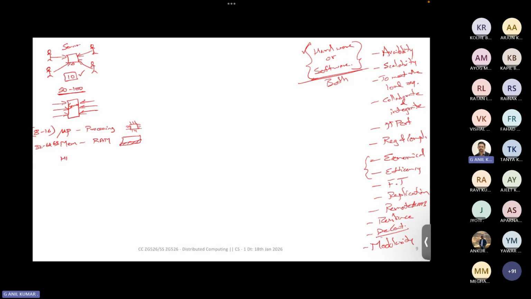So I have a basic storage component called a hard disk, or nowadays we are having SSDs, maybe 1 to 10 terabytes. So I refer to my storage something like this. So these are the three basic components that are required for my computer. Accepted?